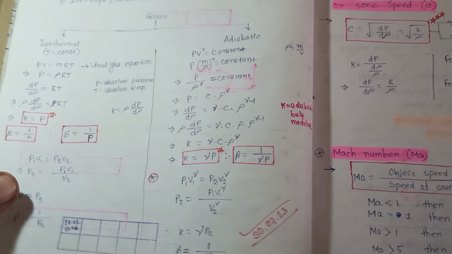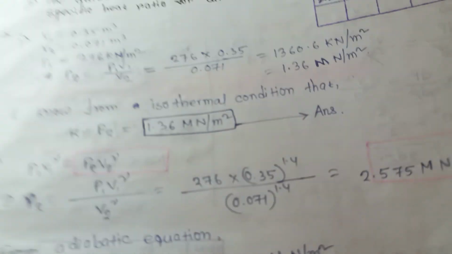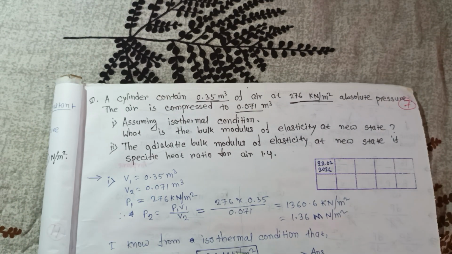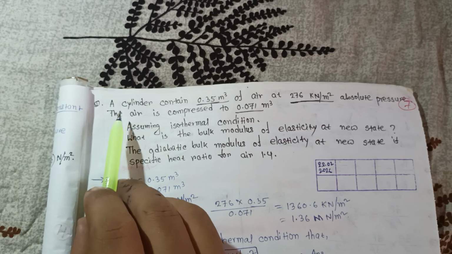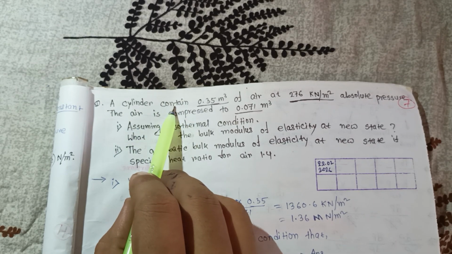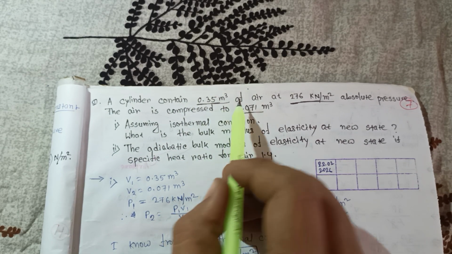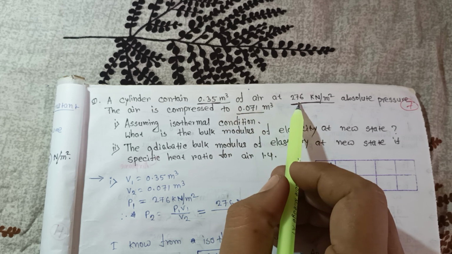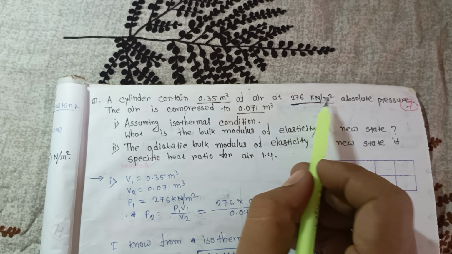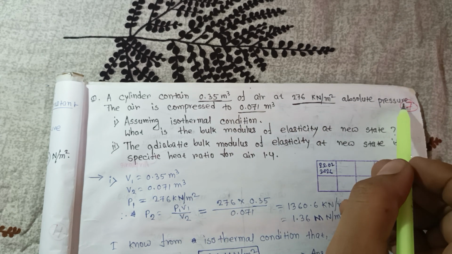Now there is another problem. A cylinder contains 0.35 meter cube of air at 276 kilonewton per meter square absolute pressure.